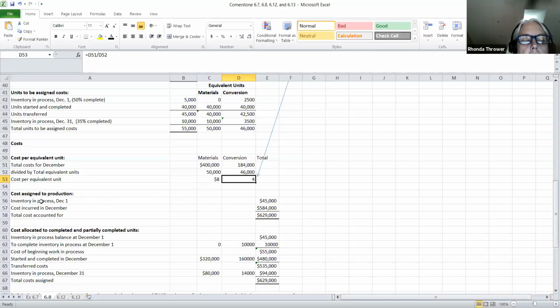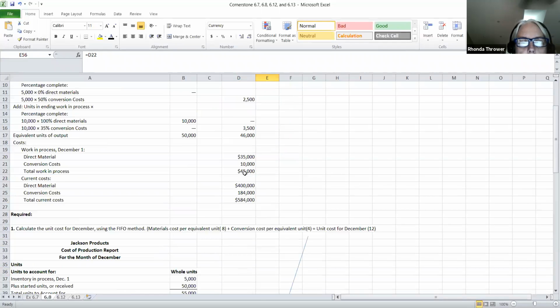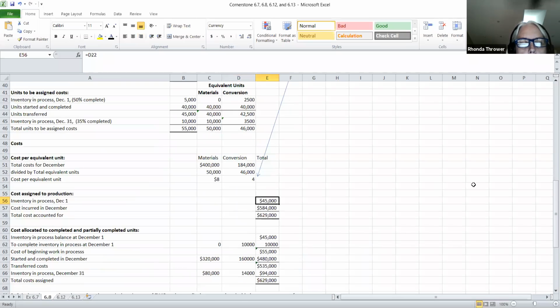Then we're going to take our costs and assign them to production. We start with our beginning inventory cost. This is a given amount. Your beginning inventory cost was 45,000. I'm getting that from right there. It was 35,000 plus 10,000 is 45,000, that was given. 45,000 is what we're going to put in right here as your beginning inventory cost. They also want the costs that were incurred only in the month of December.